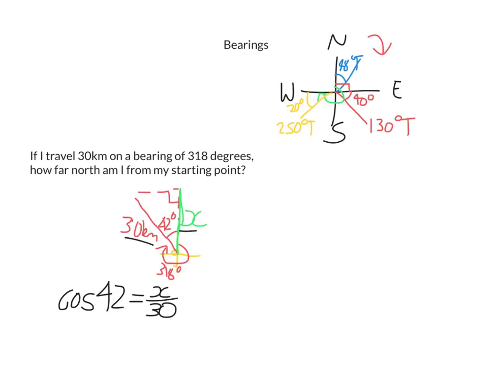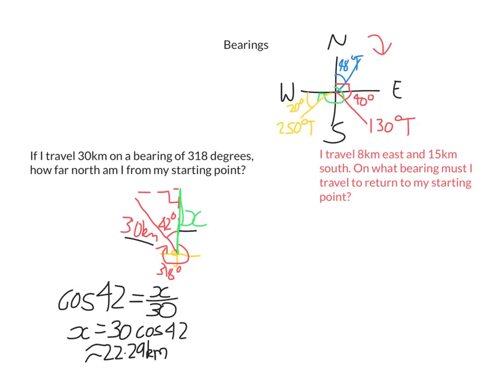Because the thing I want to find is on top, I need to multiply. So x will be 30 times cos 42. Make sure your calculator's in degrees. You get about 22.29, and of course the answer's in kilometers. So I would be 22.29 kilometers north of where I started.